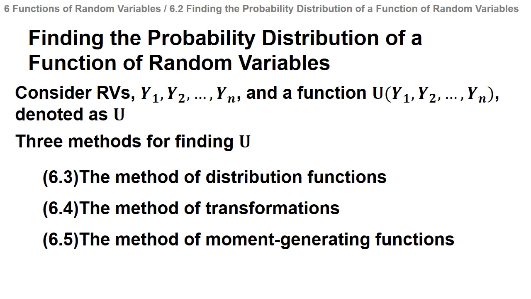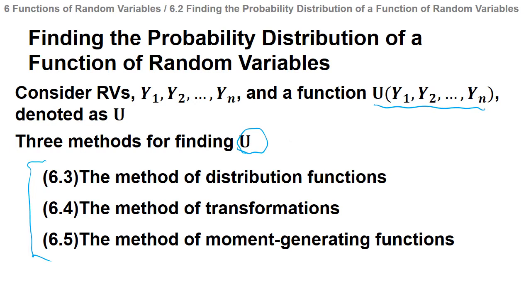Chapter 6.2 is about finding the probability distribution of a function of random variables. Consider random variables y1 to yn and a function U of y1 to yn. So U is a function of random variables y1 to yn, and there are three methods for finding the distribution of a function of random variables.